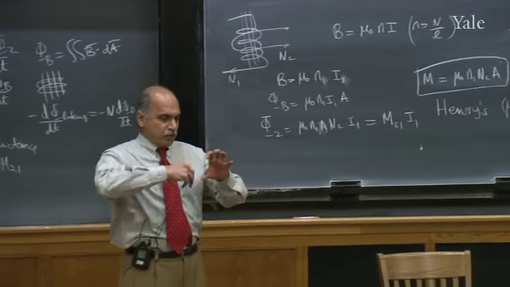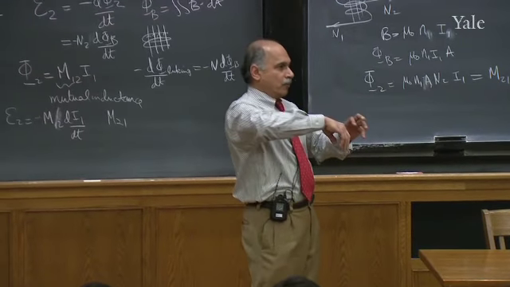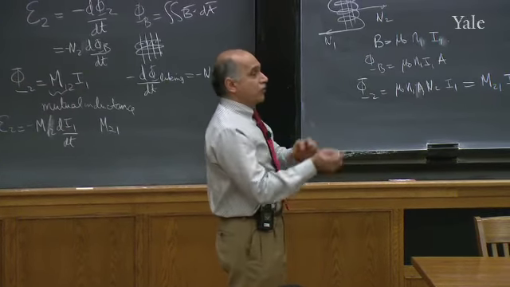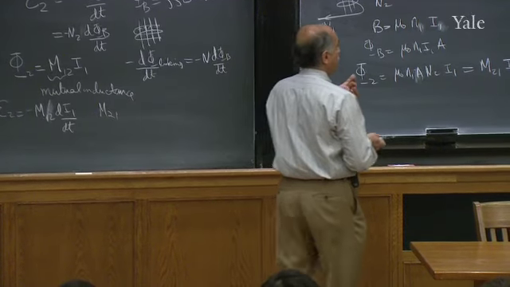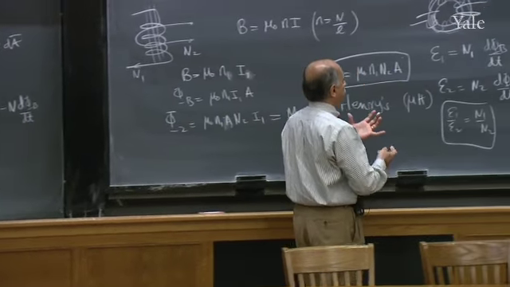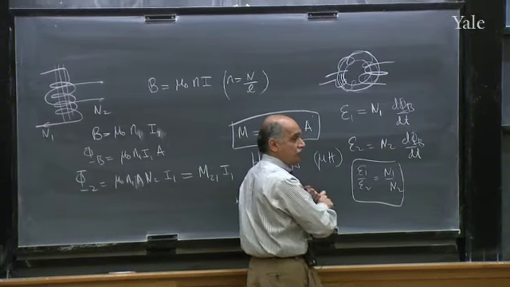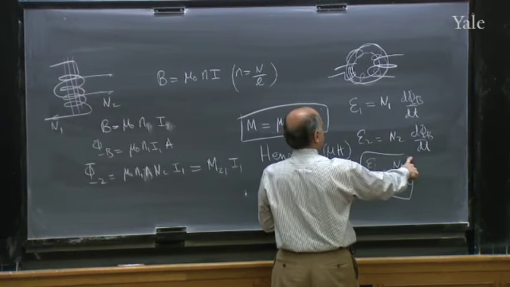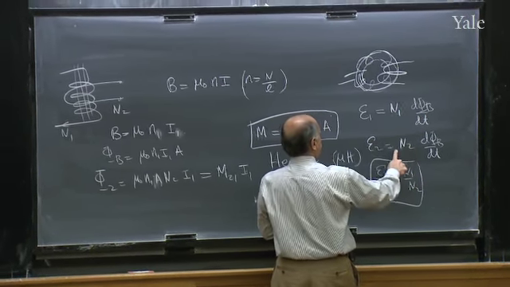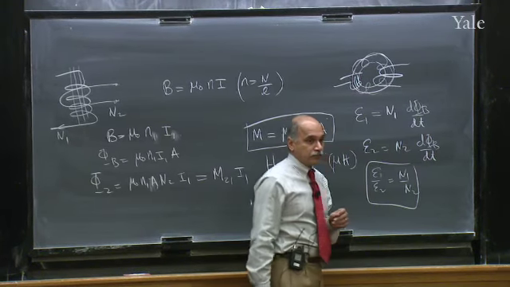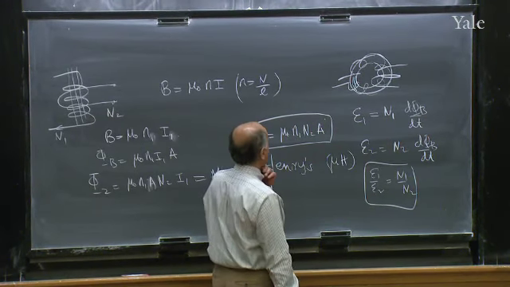The same flux is going around the donut. One guy has N1 turns around it, other has N2 turns around it. The EMF, you remember, is not simply a rate of change of magnetic flux. It's that multiplied by the number of turns. They both have the same flux going through them, but this has N1 turns, that has N2 turns. You can see this ratio. That's a very powerful result.